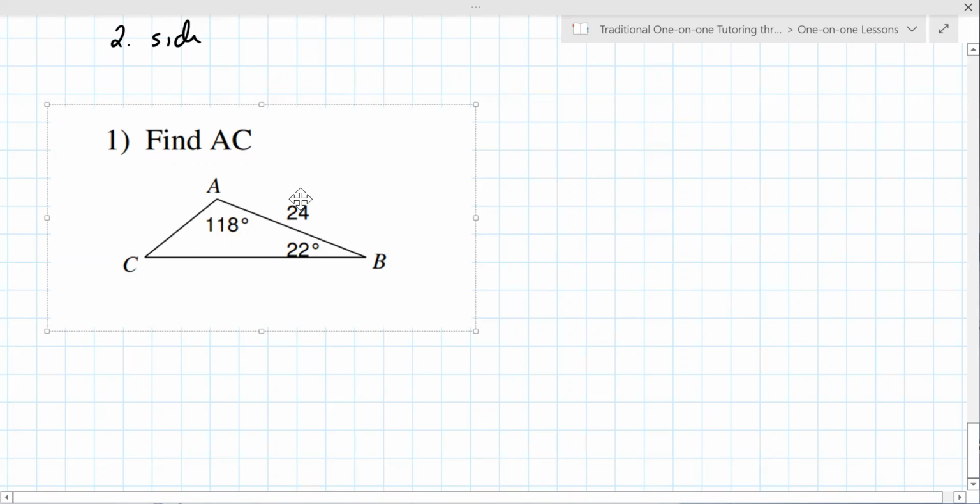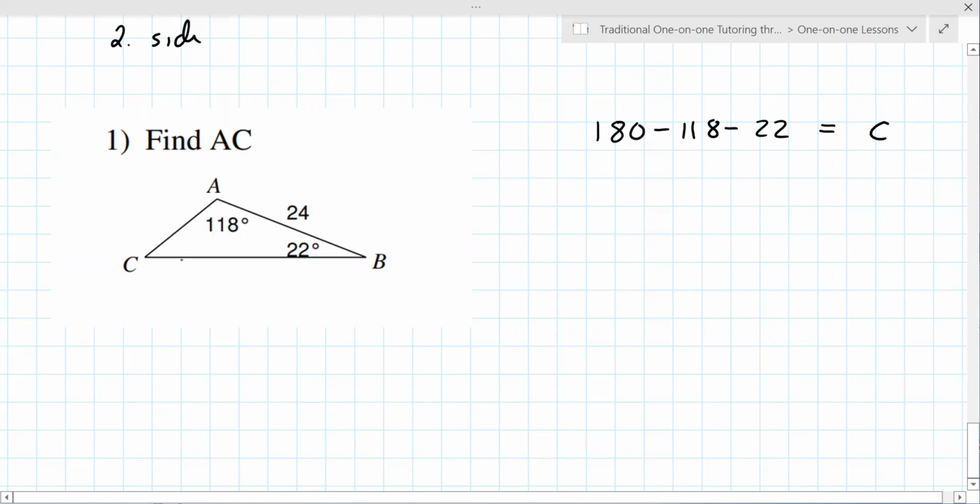No. And we know this side over here, but do we know the angle across from it? No. You might think, well, Matthew, you just said you have to know it. But don't forget that the sum of the interior angles in a triangle adds up to 180. If you have the other 2, you can always find the missing angle. So we need to find that missing angle.